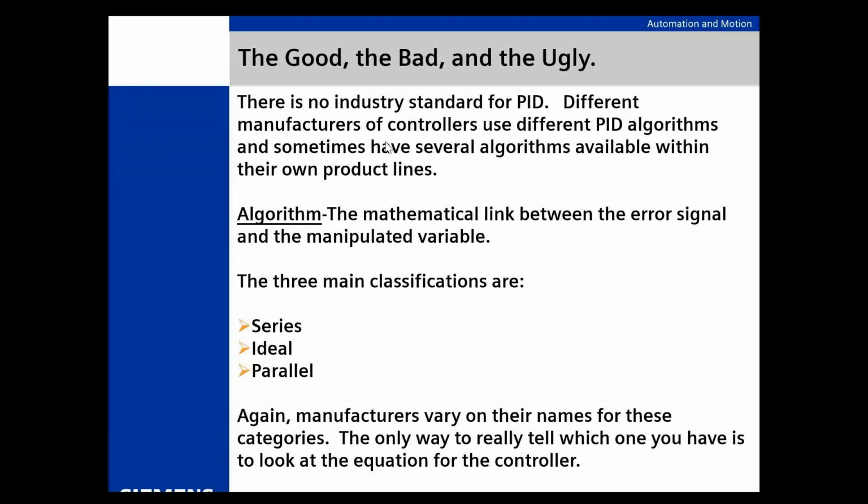And at the bottom, somebody actually put on this slide, I think it was me, the only way to really tell which one you have of the series, ideal, or parallel is look at the equation of the controller. I don't know anybody who'll tell you that. Most companies, Siemens being one of them, we consider that proprietary. And plus, we really don't want you messing with it. It's big and complex. So they're really not going to tell you.